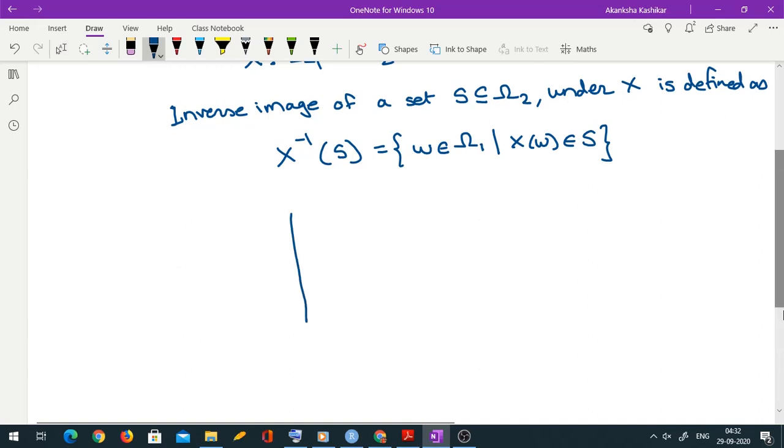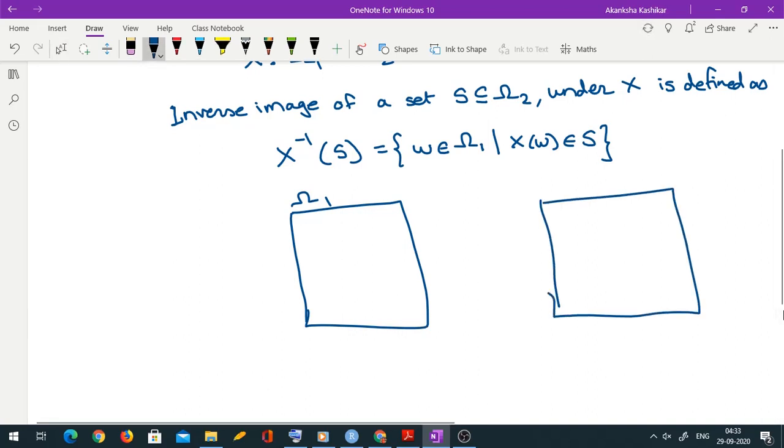Suppose this is my omega 1 and this is my omega 2. Now I have a function X defined from omega 1 to omega 2, which means that for every element in omega 1 I have some partner in omega 2. What I am trying to do is define the inverse image of a set which is a subset of omega 2.